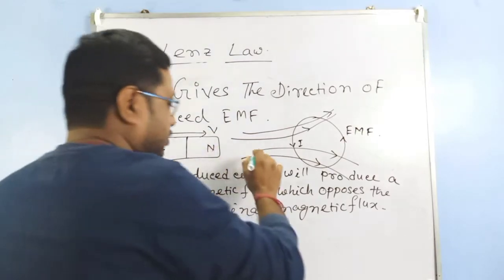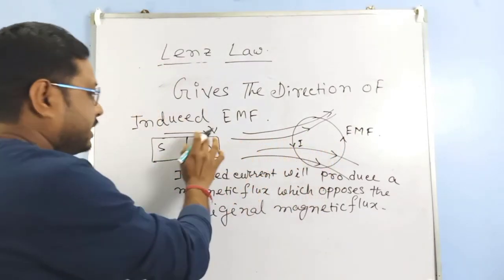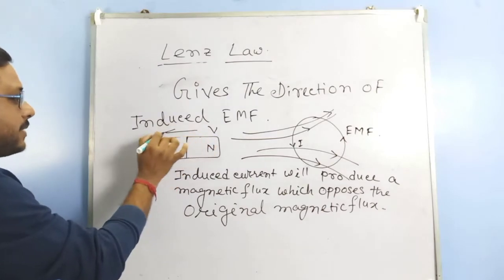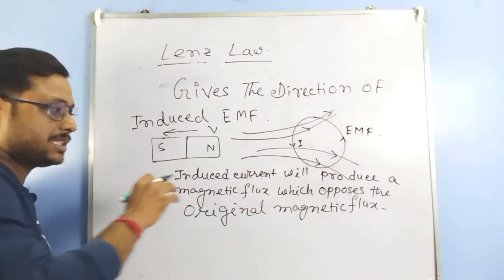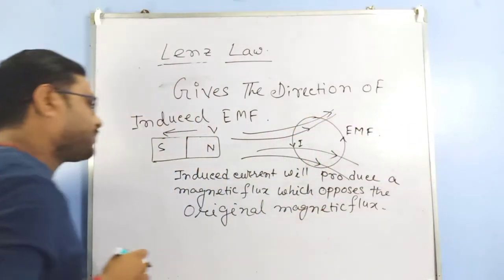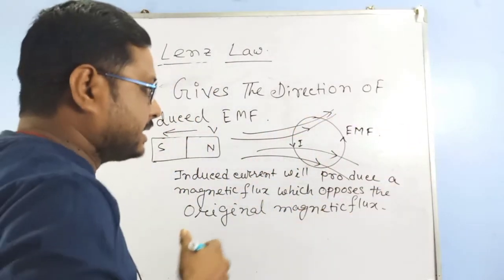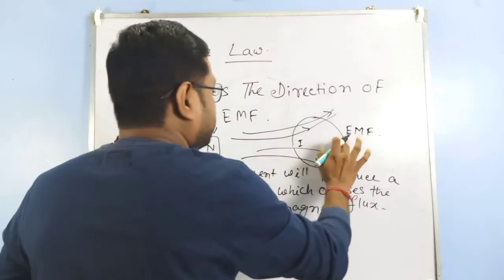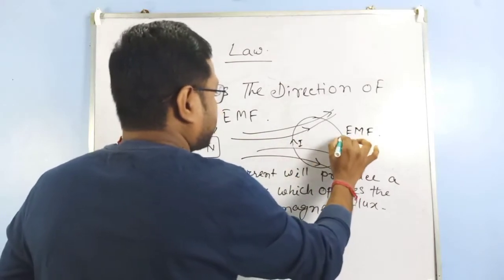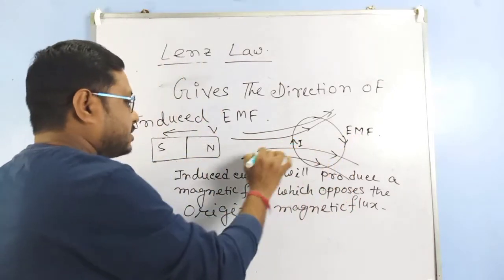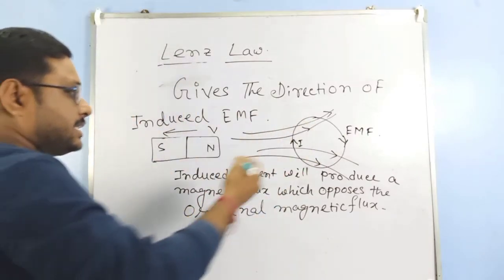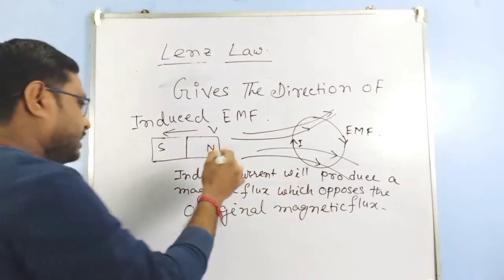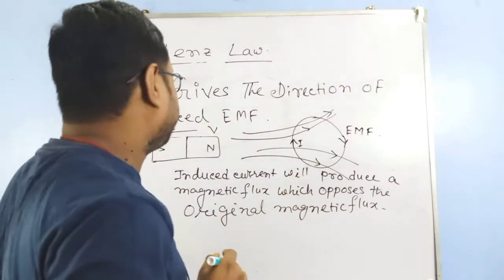Or if the original flux is decreasing through the coil, if the magnet is moved away from the coil, then flux is obviously decreasing because the number of lines passing through the coil is very small then. In that case, the current will be set up in the opposite direction to increase the decreased flux. This is Lenz's law.